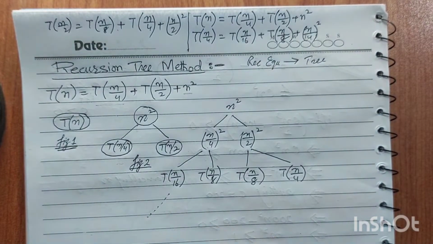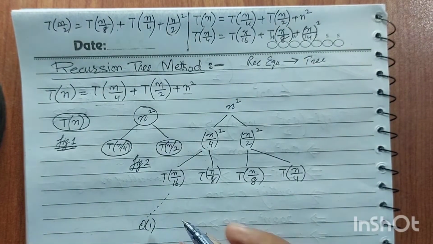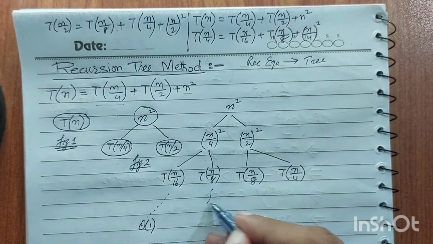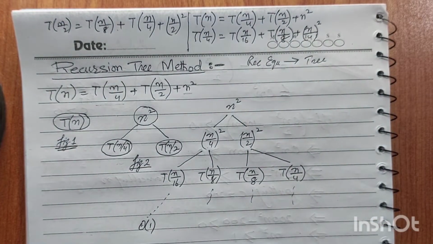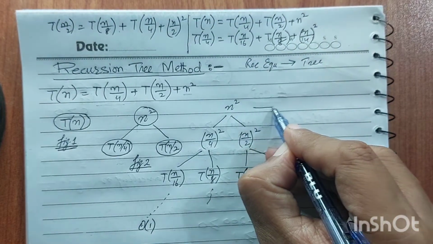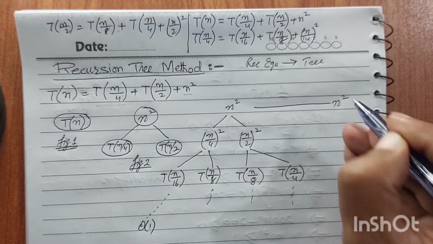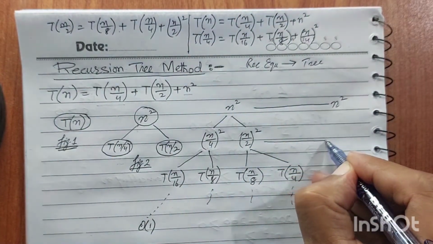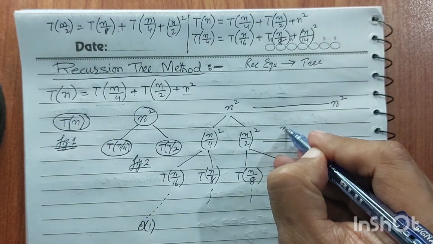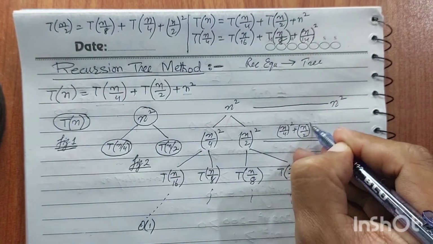When you do it on your papers, you should go one step deeper. Finally you will get theta of 1 at some level, and then this will be resolved into the equation forms. Here we can see that the time complexity of this level, overall this level, is n square. How about the next one? This is n by 4 whole square plus n by 2 whole square.